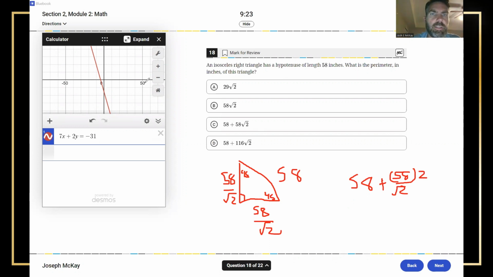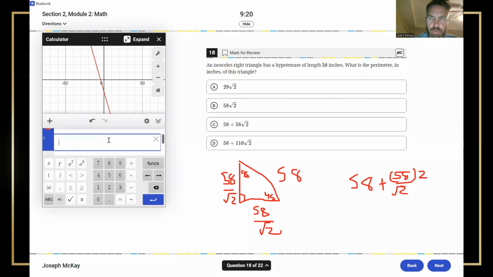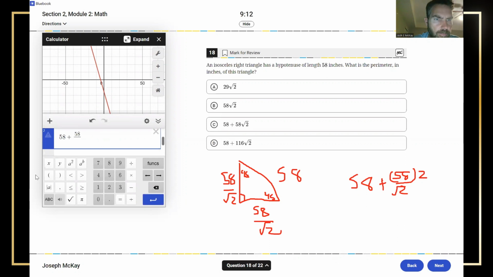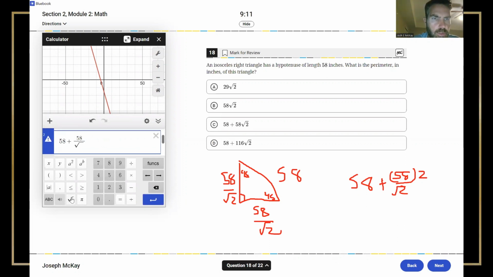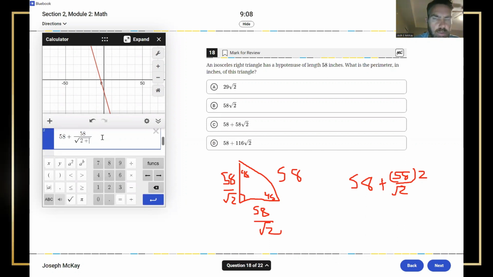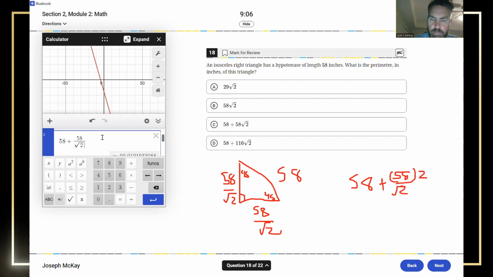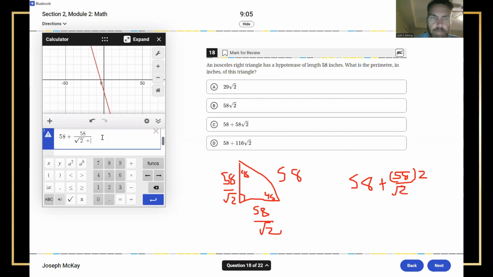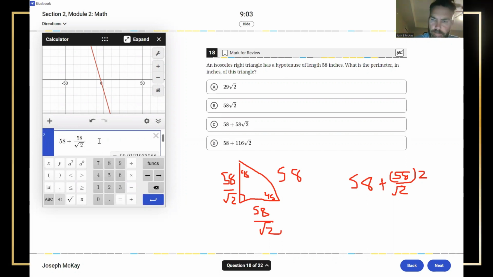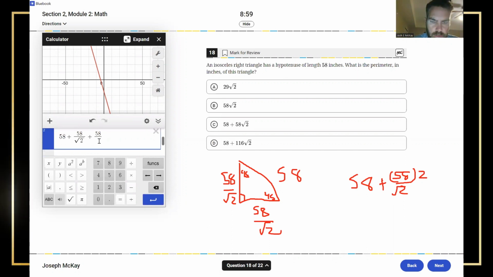Let me put this in and see what Desmos does with this and see if it simplifies this answer down for me. 58 plus 58 divided by square root 2 plus 58 divided by, where's the square root 2?